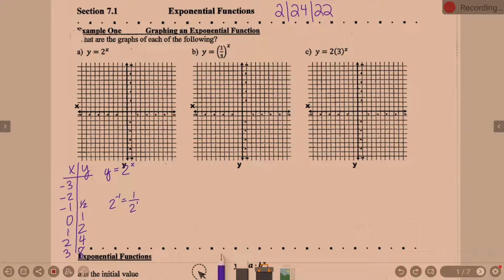I'm pushing you guys, trying not to get you to rely on the calculator. 2 to the -2. How do I get rid of the negative exponent? Put it under 1. So this is 1 over 2 squared. And 1 over 2 squared is 1/4.